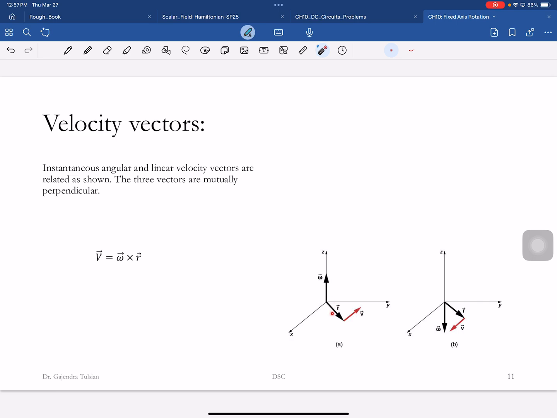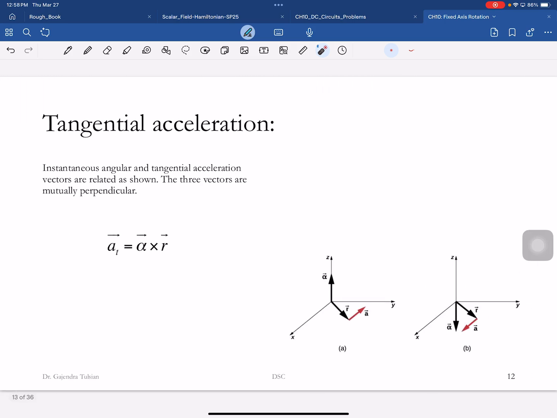Omega cross r is the instantaneous velocity. Again, we won't be using those formulas too much. Tangential acceleration. Anybody remember what tangential acceleration is? Okay, so let's go back.